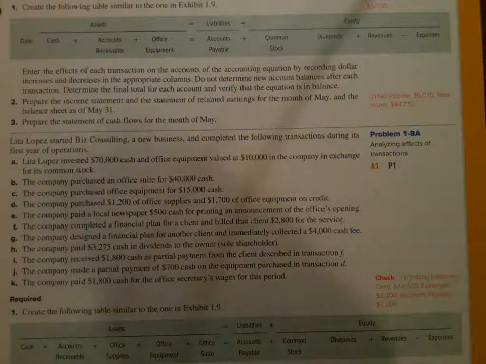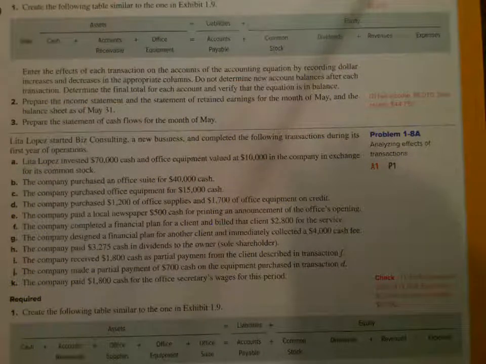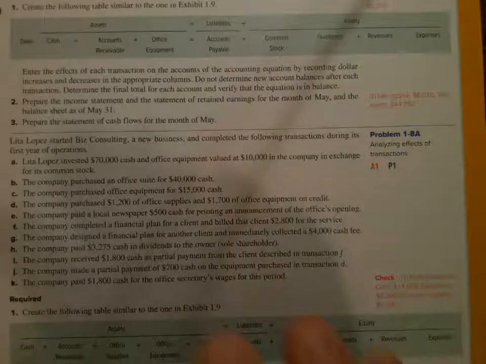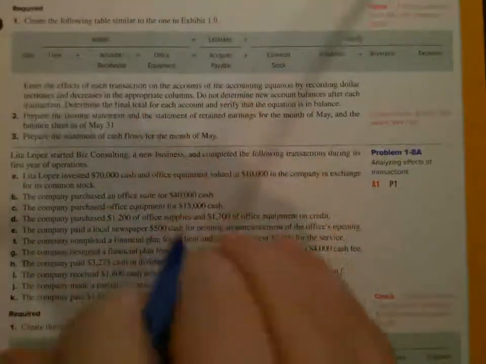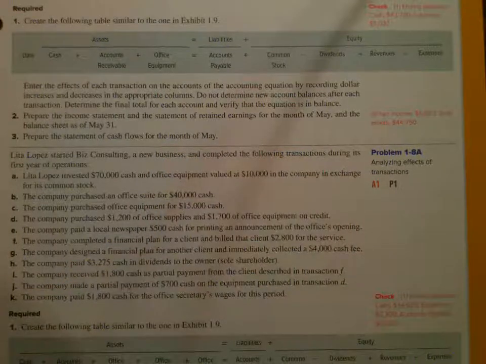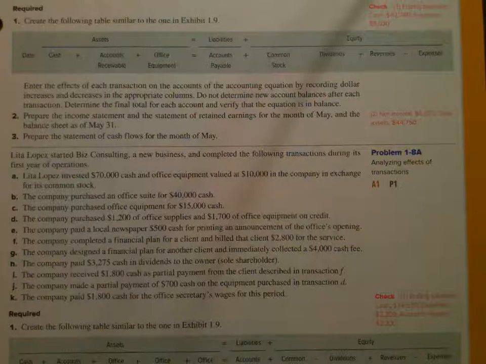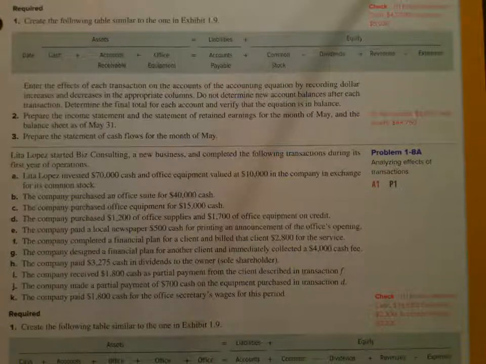And so each row is a transaction. Okay, so this is the way they work transaction analysis. That's the way this particular method works. How the accountants do it is using journal entries, T accounts, and the accounting cycle. All the different steps that you'll learn about the accounting cycle.